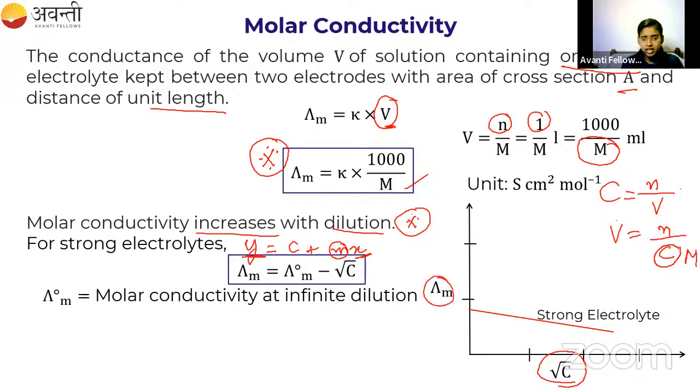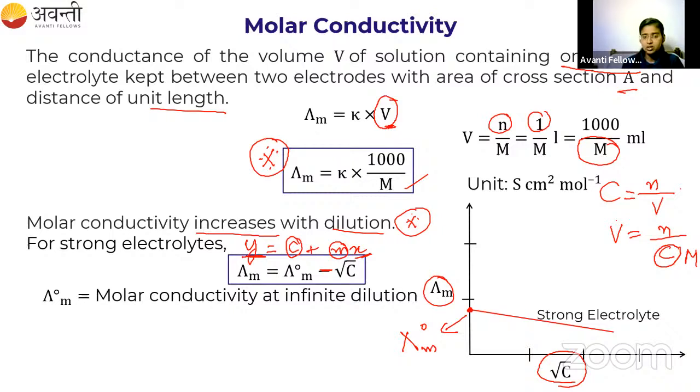The slope is negative, and lambda m naught is the intercept. Intercept means the point where the line intersects the y-axis. That is lambda m naught, which is called the molar conductivity at infinite dilution.